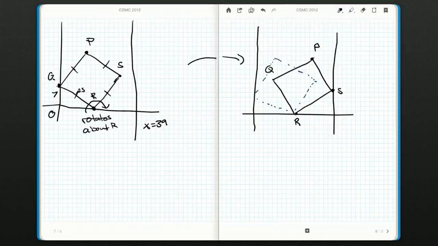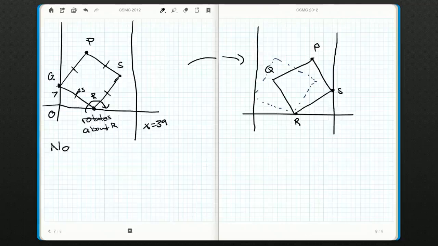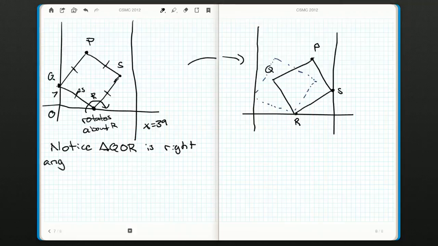So it helped to know where our pivot point R is, the point about which we're rotating this square. So notice that triangle QOR, the one with the angle we're focusing on at the origin, QO is 7, and QR we know as a side of the square is 25.